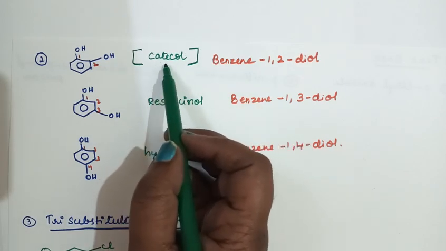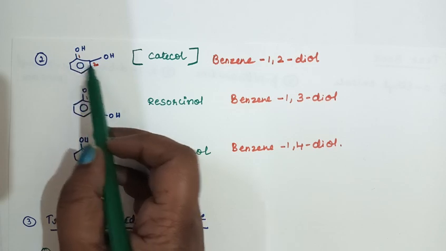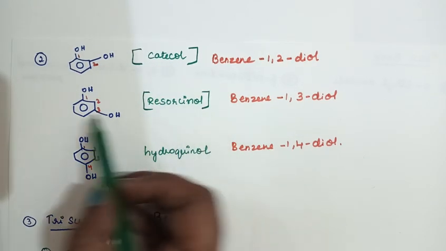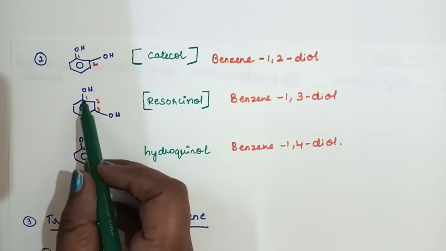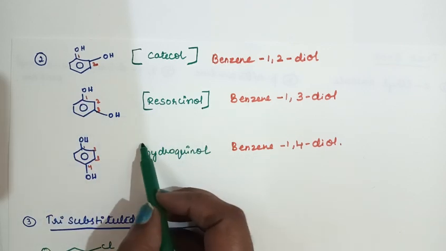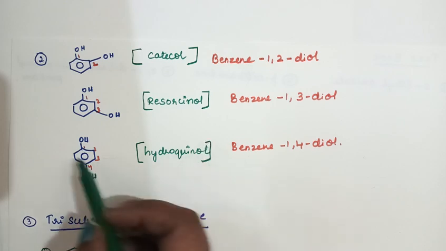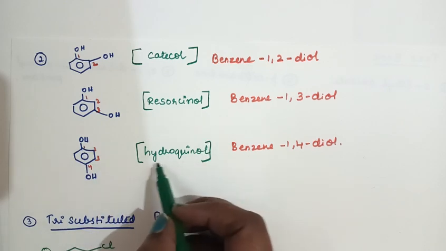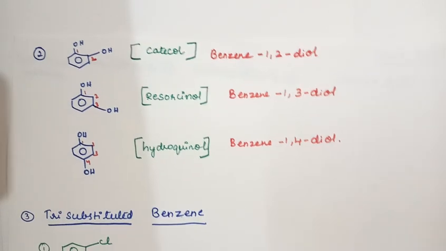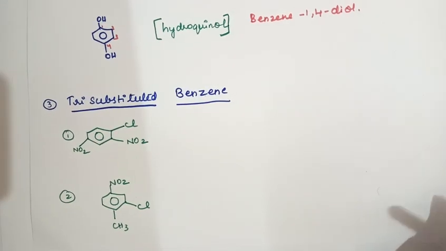So 1, 2 diol is called as catechol. If OH group is present at 1 and 3 position, it is called as resorcinol. And if it is present at position 1 and 4, it is called as hydroquinol. So these are the common names. Next, for tri-substituted benzene.